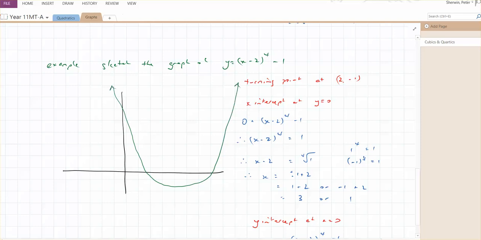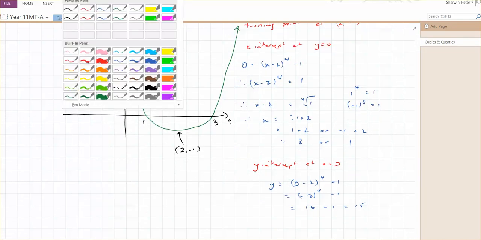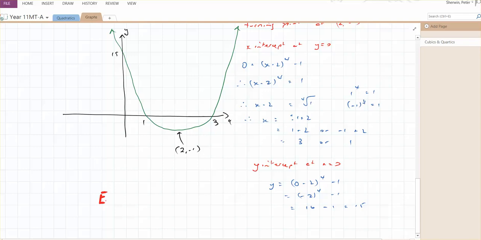So it goes through 15 here on the y-axis. It's going through 1 and 3 here, and the turning point is at 2, minus 1. And we're done with graphing cubics and quartics. And we are ready to tackle exercise 7a.